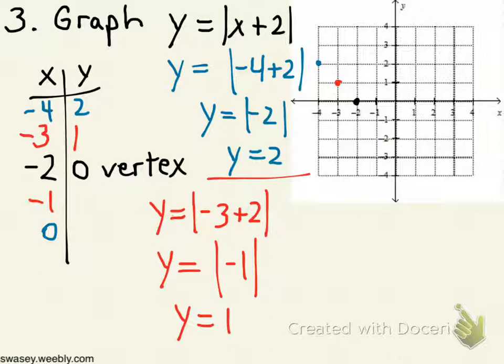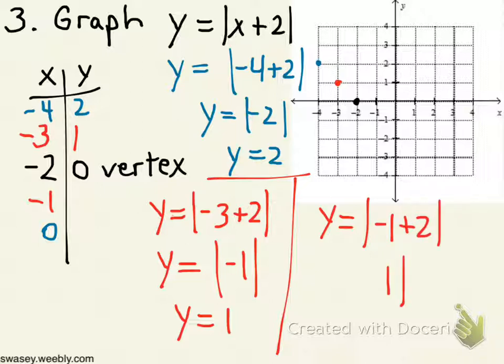Substitute in -1. Absolute value -1 plus 2 is 1. Absolute value of that is 1. So we have a point at -1, 1, and then let's put in 0.